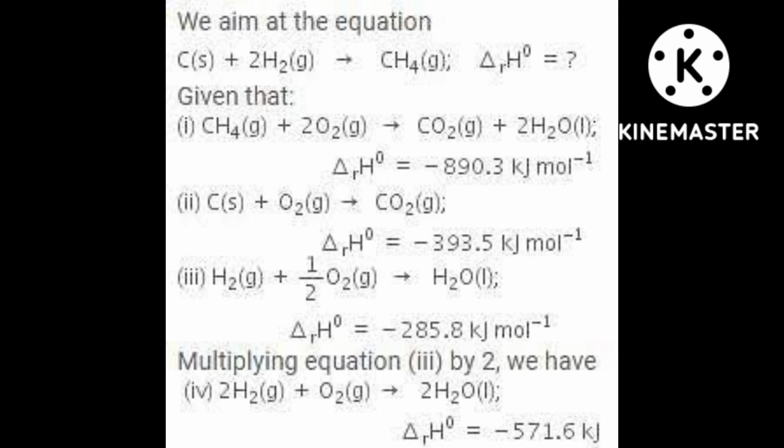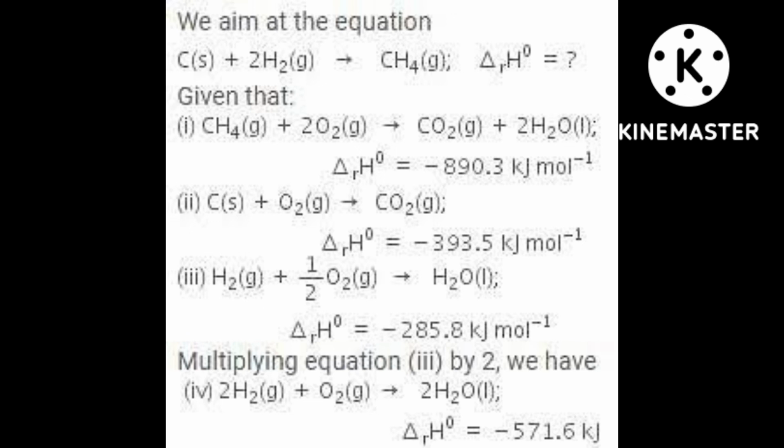In that, extra things are there, but you want C6H6 also. How will you get it? From the question, the benzene combustion equation, you reverse it, and then you just add it.